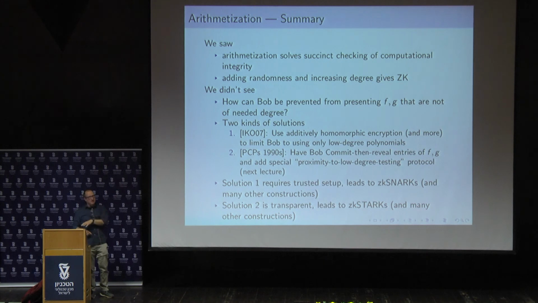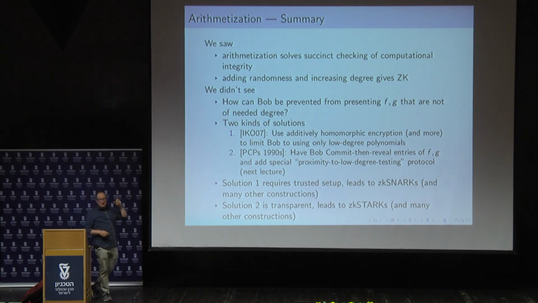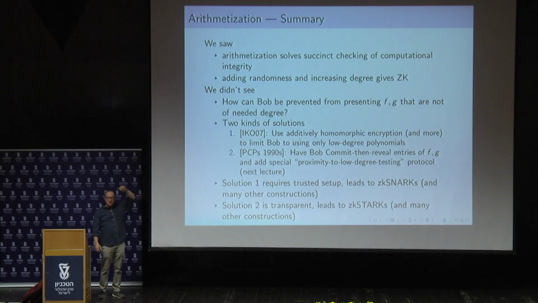So his tau is this x naught, and it's hidden in a way, and Zcash, so listen to the ceremony episode from Radiolab, and when they talk about the secret and the toxic waste that needs to be encoded, what they are talking about hiding or preventing from getting out there is what I'm calling x naught and what he called tau. It's all about preventing this from being known, because if it's known, there are ways to make bad things happen. And the other solution is transparent and leads to things like ZK STARKs and also many, many other solutions, such as, again, the Ligero system that I mentioned.